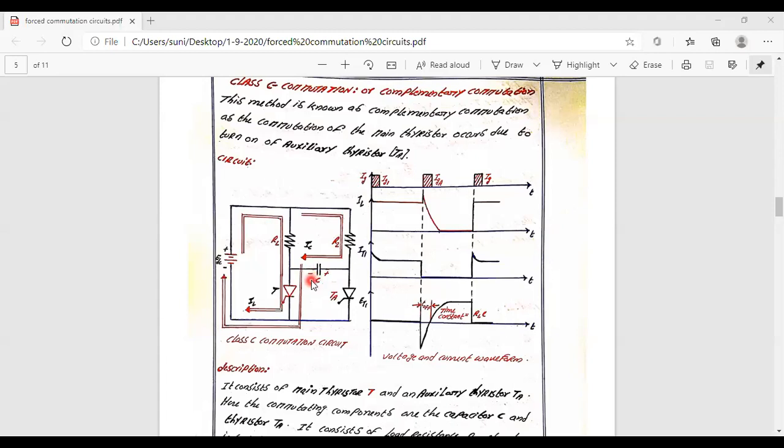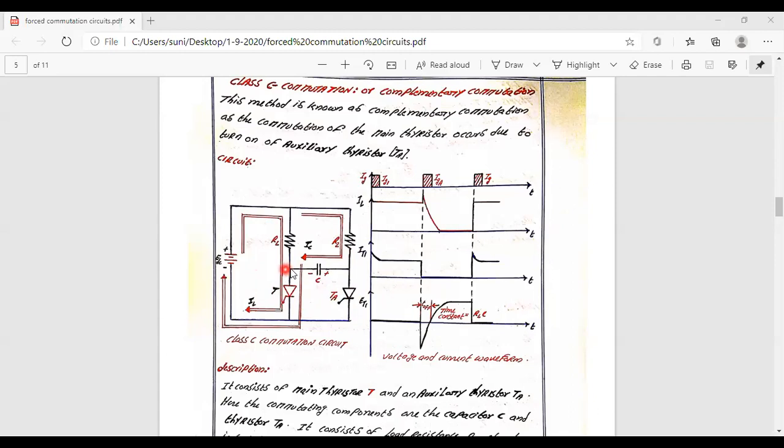Okay. So how to turn off the main device? As both are going to be connected in parallel, this device is intended to make the main device turn off completely. Okay. So what will happen?